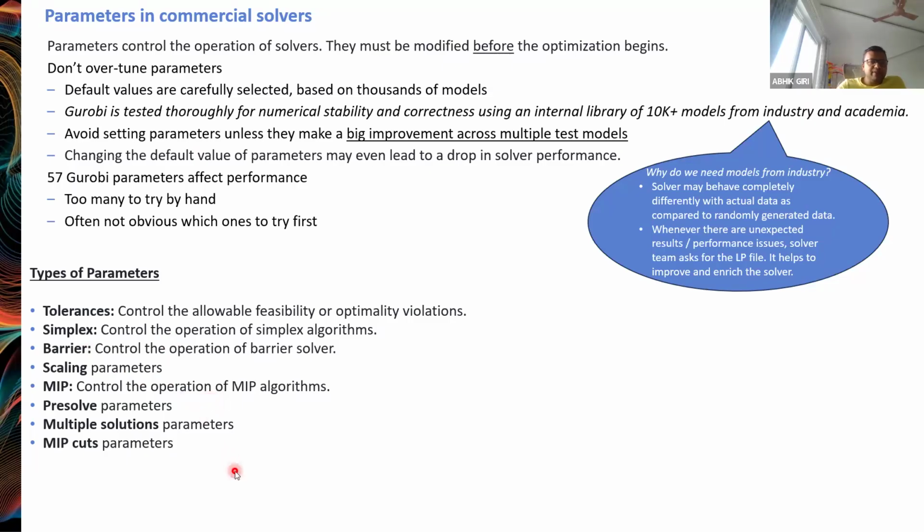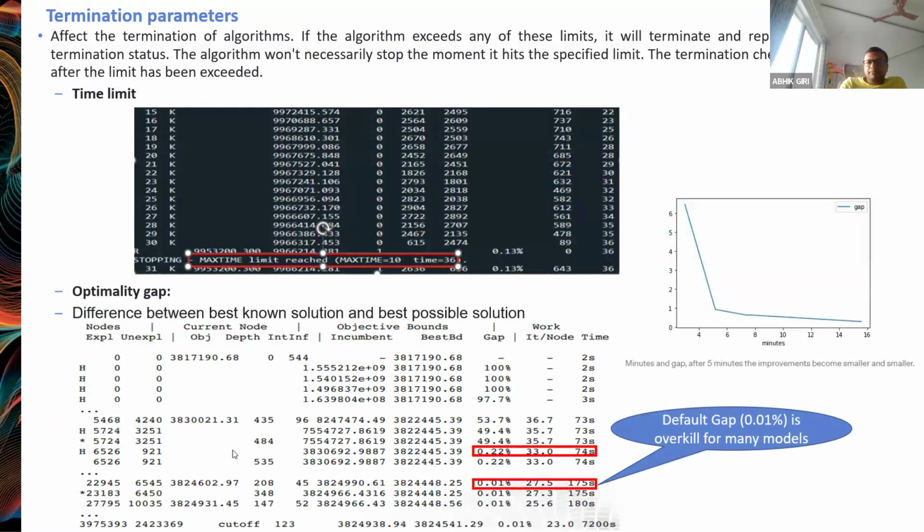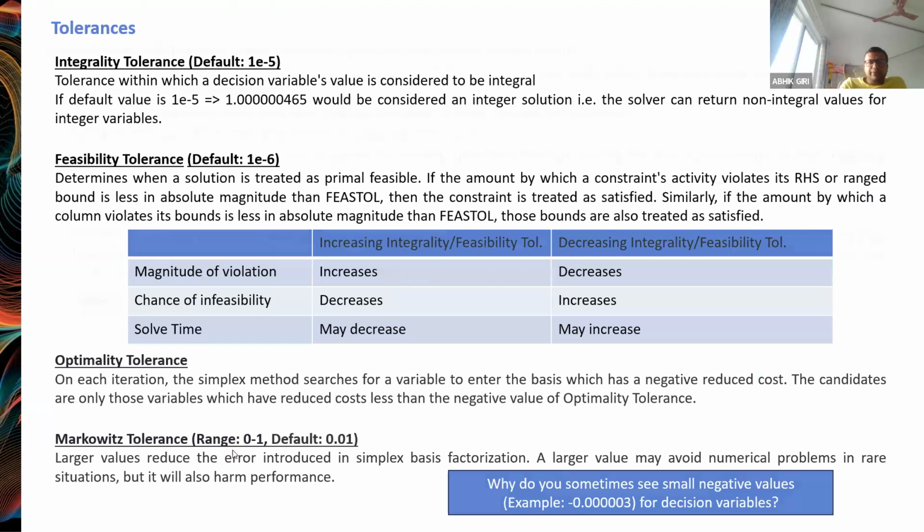Some parameters are for pre-solve, for example, if you want to turn off pre-solve, that is one parameter. Multiple solutions we will go through later in the lecture today, and MIP cuts too. The other ones we went through in the last lecture.